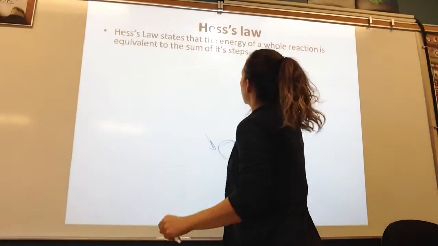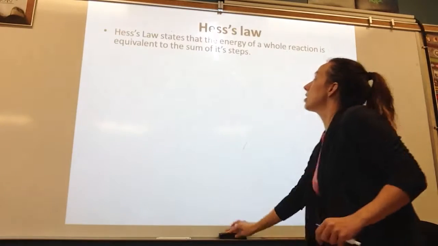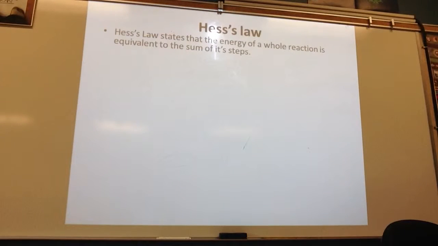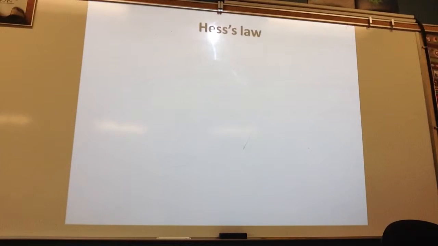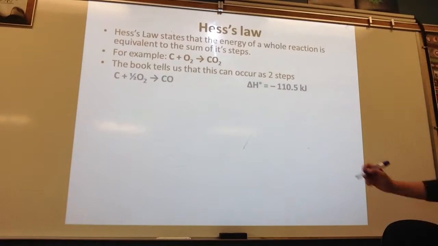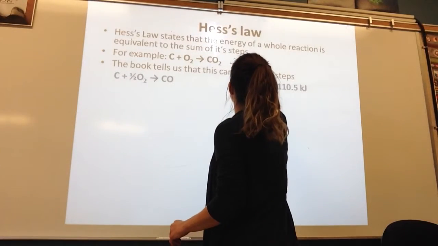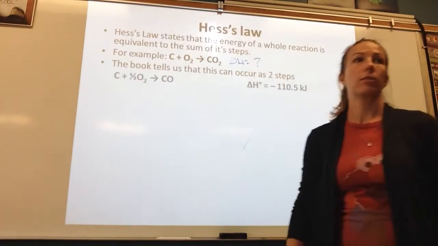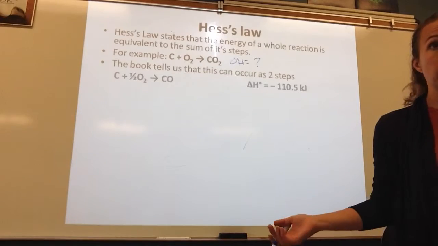Okay, so Hess's law states that the energy of a whole reaction is equivalent to the sum of its steps. So for example, let's try this one. Carbon and oxygen react to give you a formation of carbon dioxide. We're trying to find the delta H of this.